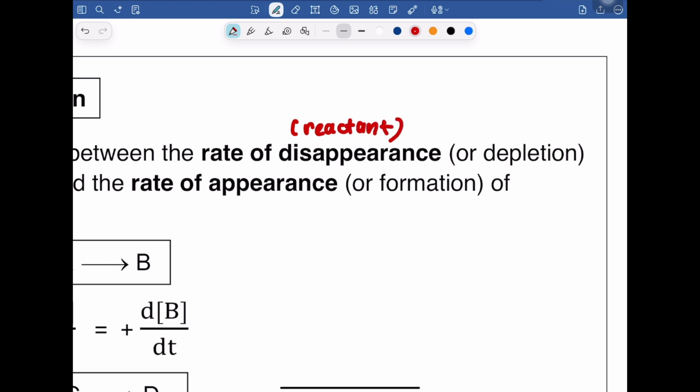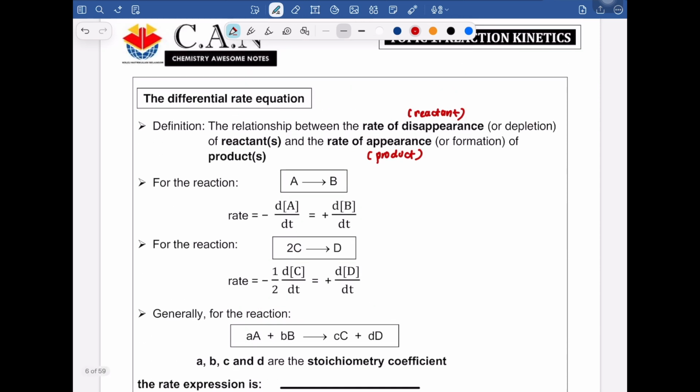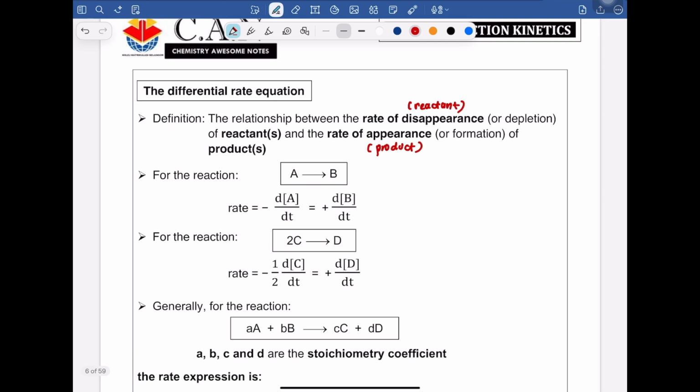And rate of appearance is from nothing to something, so this one should be related with product, but actually this is more on the terms. What you need to understand is how you are going to write the differential rate equation. That is what I'm going to focus on in this video.